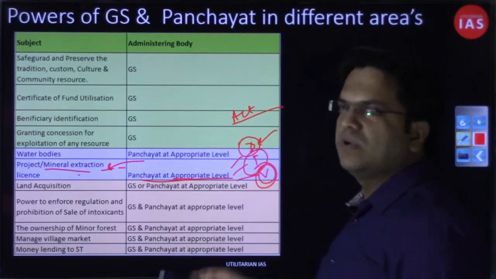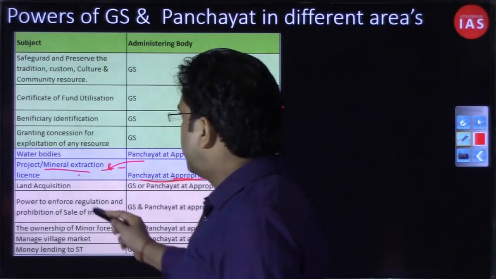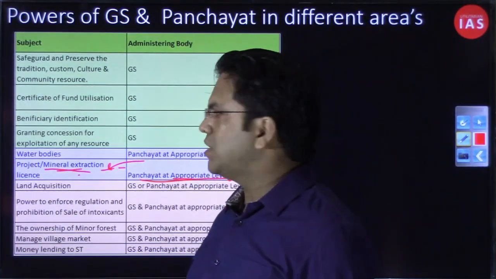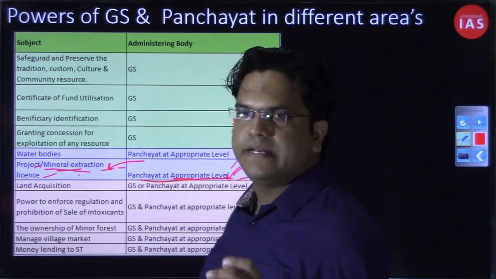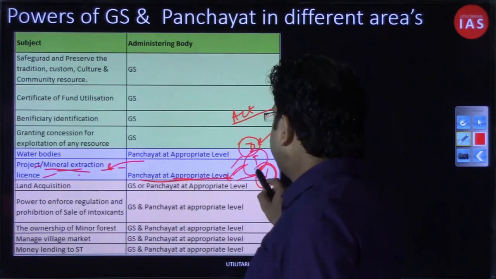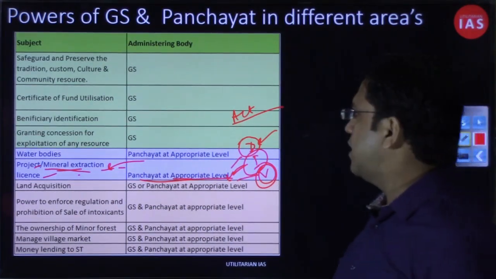So suppose a particular state act dictates that it is the intermediate panchayat which will give approval for the mineral extraction or license for mineral extraction or project for the establishment of any industrial building, right? Then in that case it is the intermediate panchayat whose permission will be required, right?